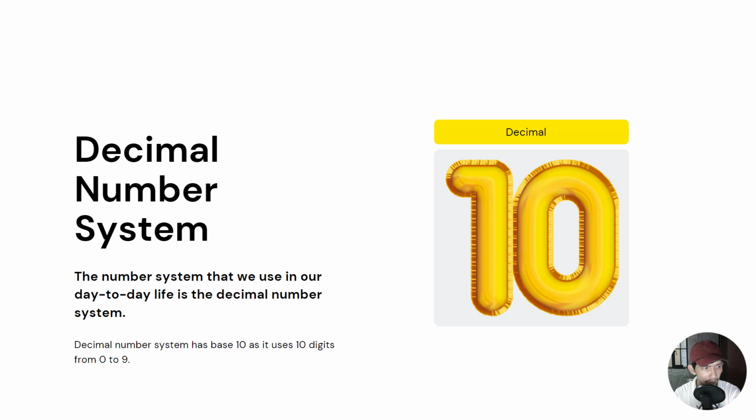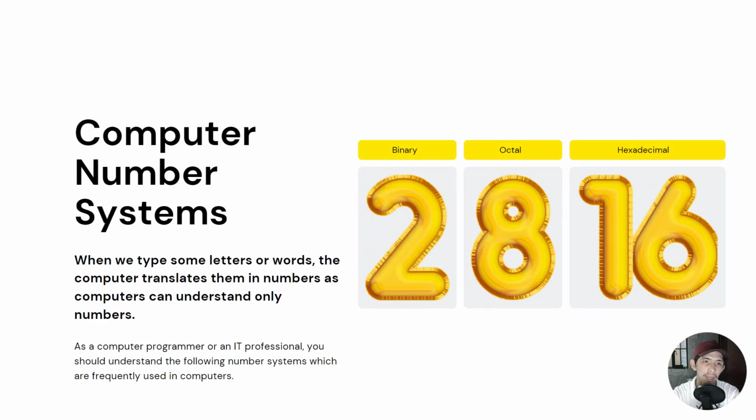So, let's talk about the computer number systems, or yung ginagamit natin as a computer programmer or IT professional. When we type some letters or words, the computer translates them into numbers. Alam natin na ang computer ay hindi talaga nakakabasa. For example, letter A, letter B, enter, nag-type ka ng word, hindi naiintindihan ni computer yan.